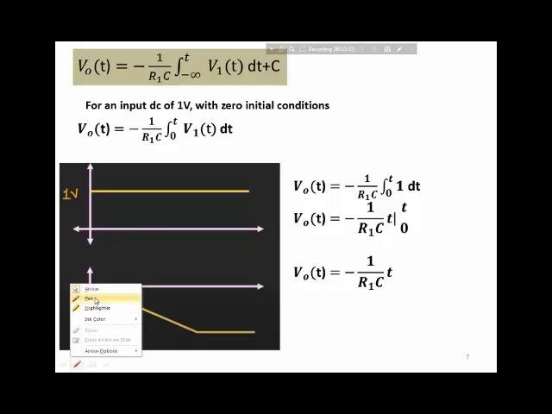The slope of this curve would be a function of 1 over RC.